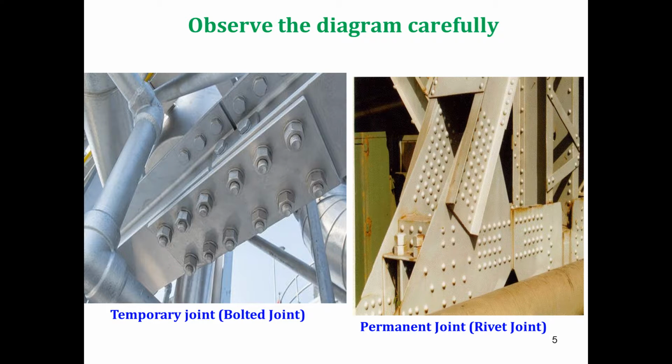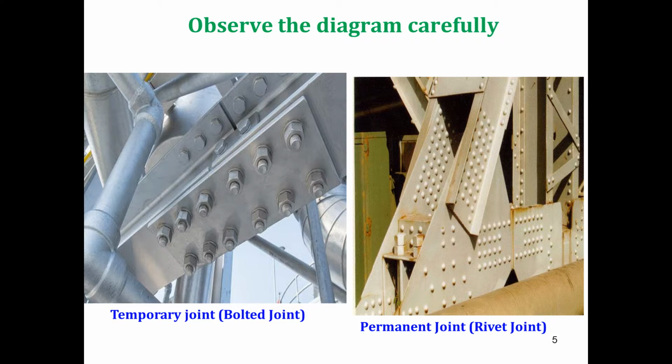So there is a need to join one component with the other, then only your entire machine will be ready and you can use that machine for further purpose. So in mechanical engineering we can classify joints. If you are having a machine member, somewhere in that machine member there will be a joint.